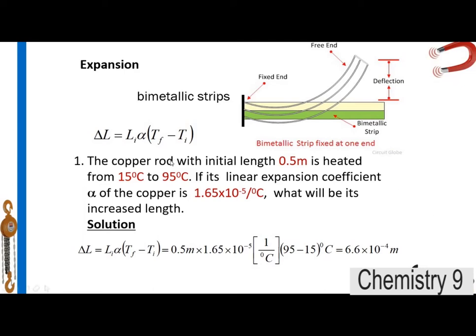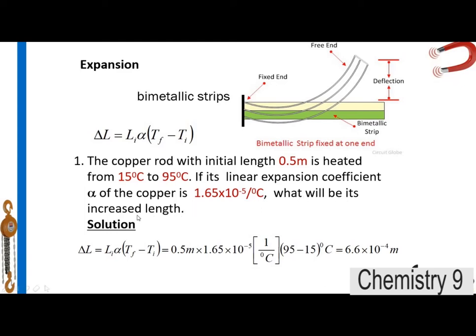A copper rod with an initial length of 0.5 meters is heated from 15 degrees Celsius to 95 degrees Celsius. If its linear expansion coefficient is 1.65 times 10 to the minus 5 per degree Celsius, what will be its increased length?